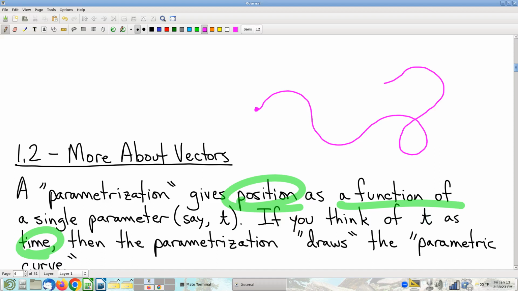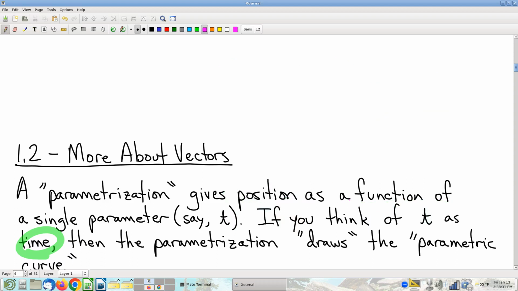So different positions as a function of time is literally the act of drawing. That's why I think it's a really nice thing to use time as your single parameter. If you make that choice, a parameterization is just a mathematical representation of the act of drawing something.